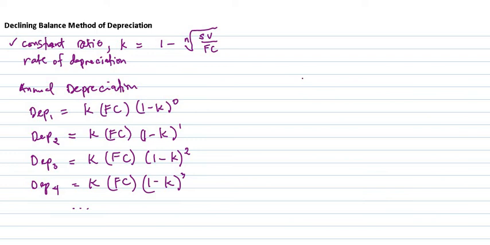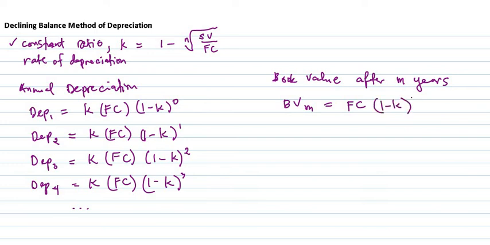And then of course we will find the book value after m years. Say for example, we find the book value after 5 years, so m is equivalent to 5. Our formula for the book value after m years, designated as BV sub m, is equivalent to the first cost times 1 minus K raised to m.